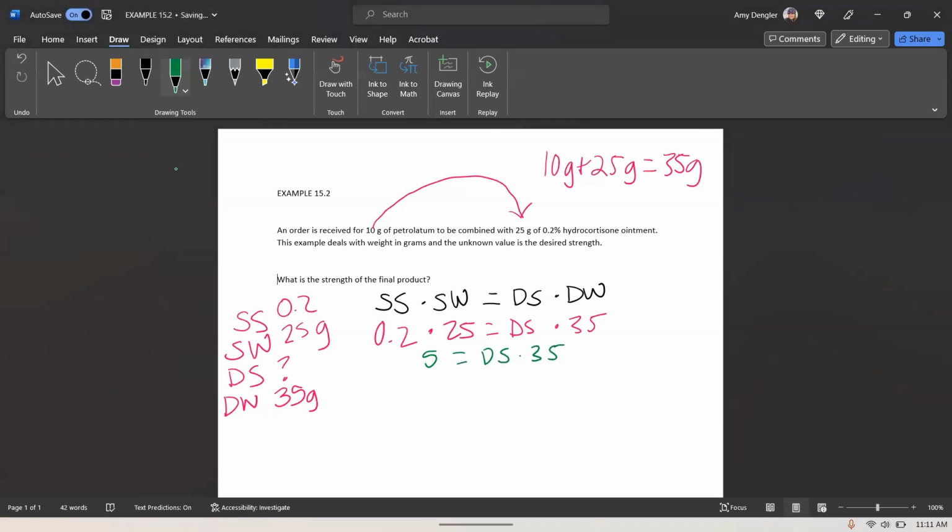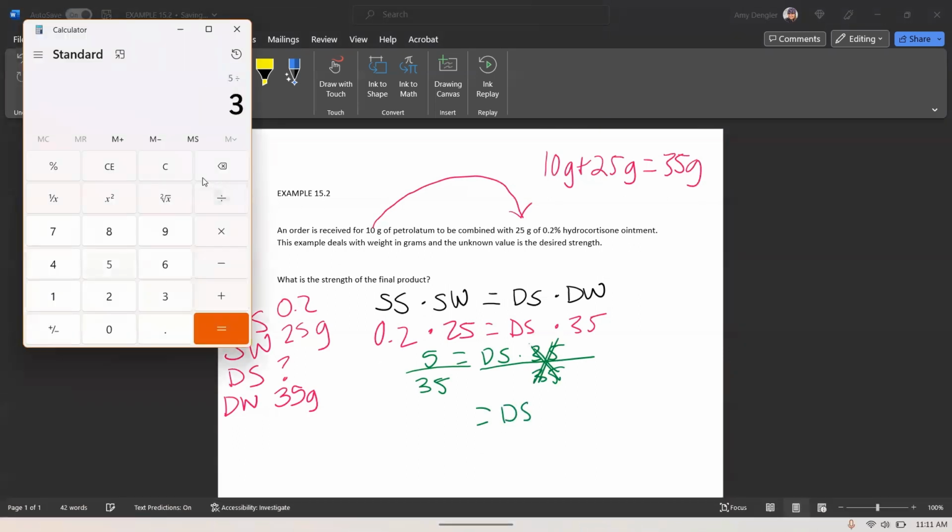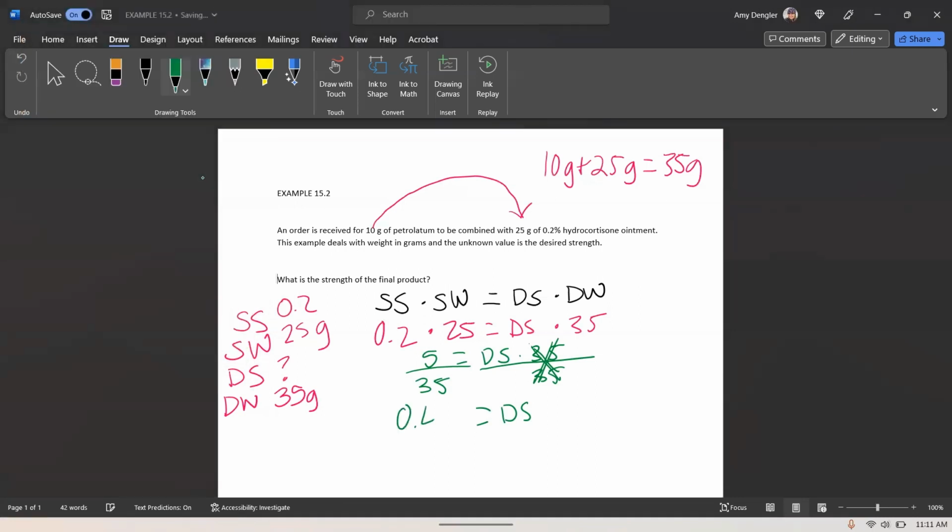I want to get DS alone, so I need to get rid of this 35. So if I divide here, crosses out and I just have DS, and then 5 divided by 35, which is going to give me 0.14%. That is my desired strength.